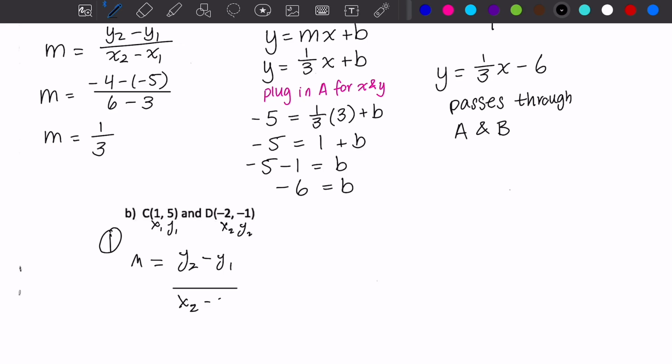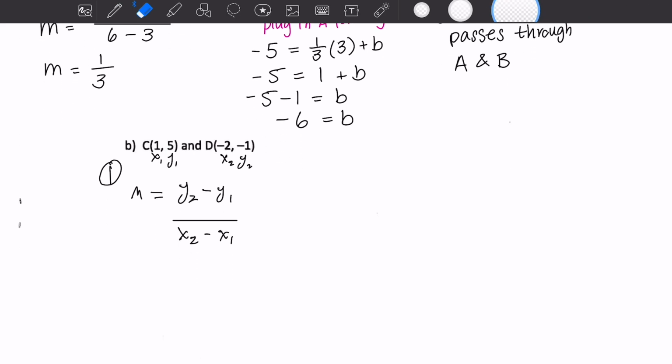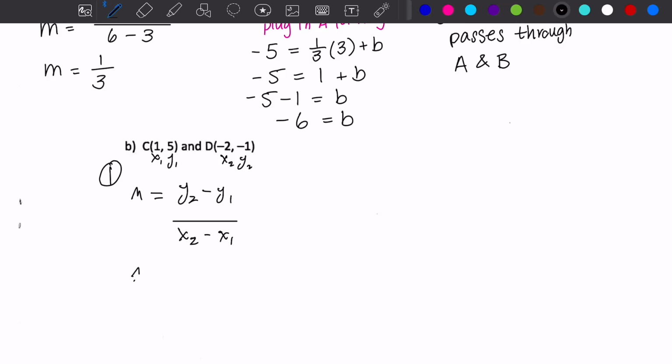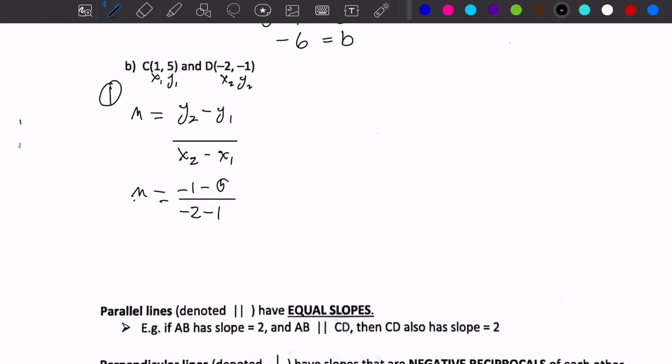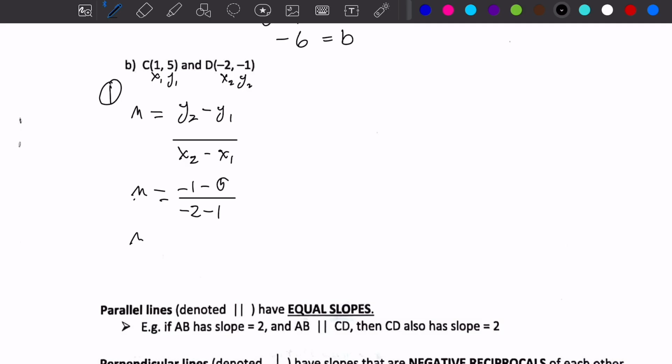Here you go. Minus x1. Okay. And then, perfect. Negative 1 minus 5, over negative 1 minus 6.